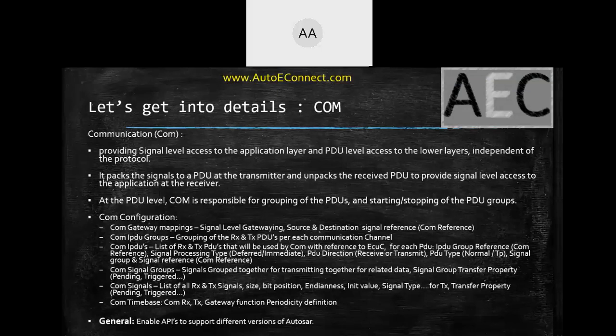So you will have the list of all the TX IPDUs and the RX IPDUs, and each will have the reference to the respective PDU in the ECUC. Any PDU that you find in your ECU will be listed in the ECUC for sure.